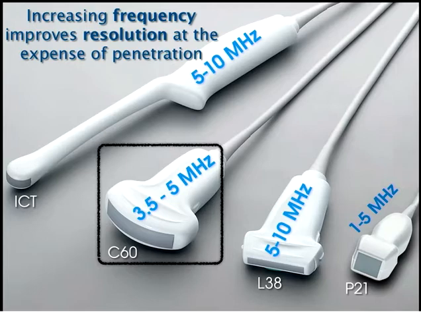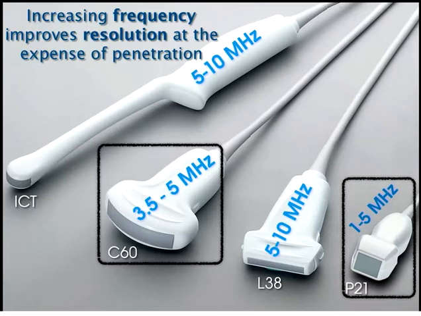Now, if we didn't have that probe, but we had instead this small footprint phased array transducer that's usually used for the heart exam, we could use that as well. However, that larger footprint probe definitely gives us better resolution at that wide angle.